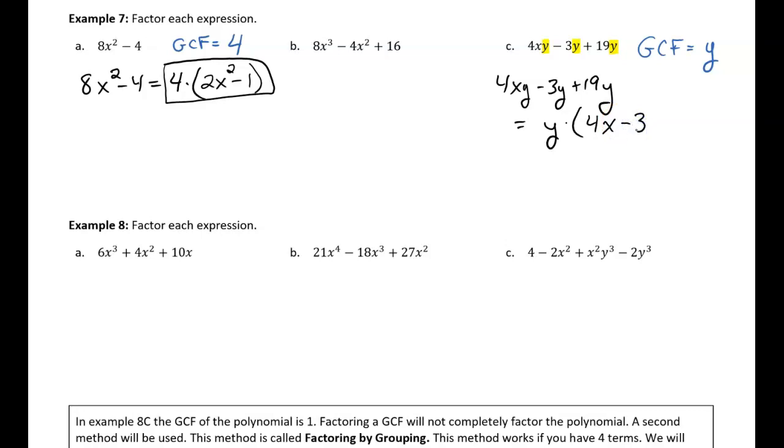Again, the y got pulled forward. Plus 19y, well, the y pulled forward, so then I have left over 19. And then looking inside of my parentheses, let's see what else we can do in there. We do have some common terms. We have the negative 3 plus 19 that I can combine. And that will give me 16.